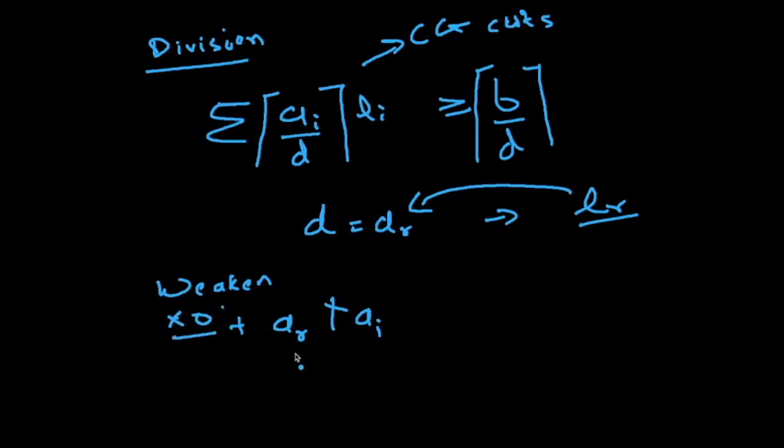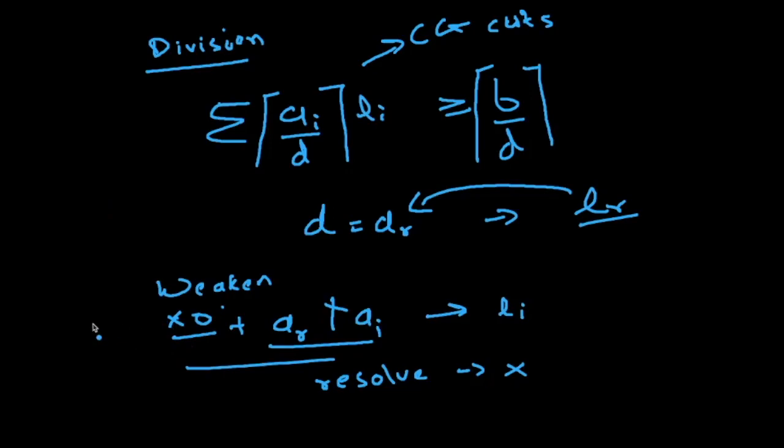It has to be non-falsified and the coefficient a_r should not divide the coefficient of that particular literal. Only those literals, if we weaken, that is sufficient to reach that our resolved constraint is falsified, right? So this has to be falsified, right? So weaken this, apply this division, and then your resolved constraint is guaranteed to be falsified.